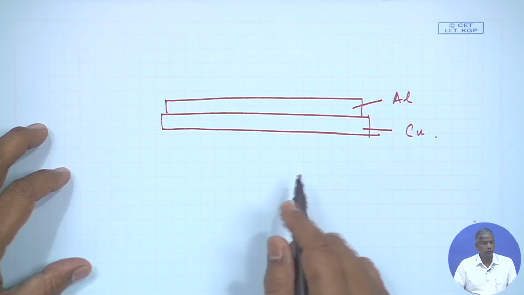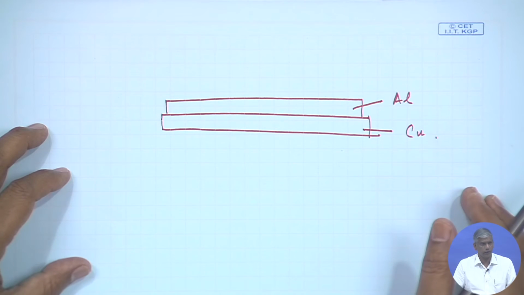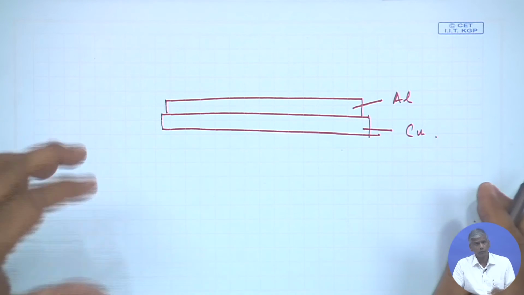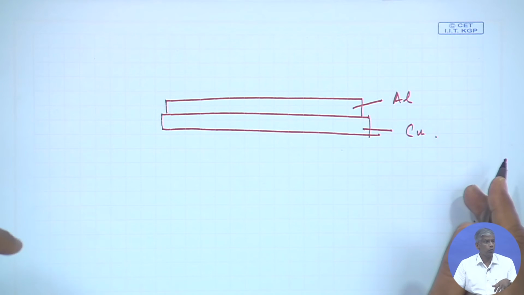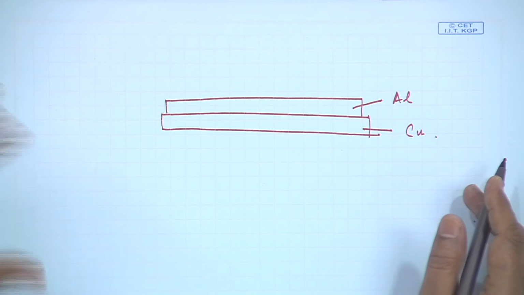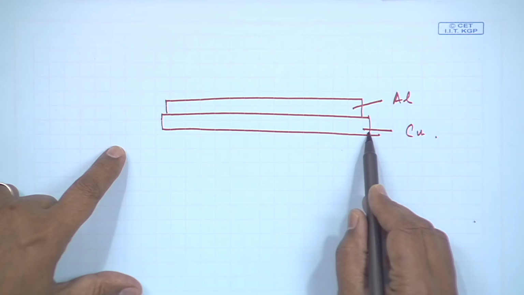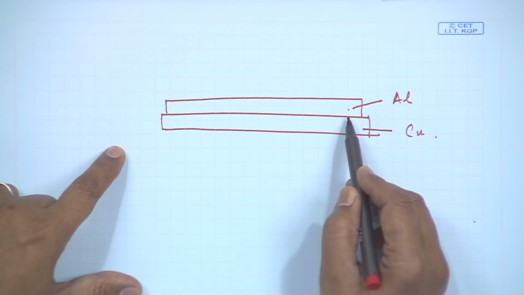If you have been to an aluminum refinery, an aluminum melting plant, aluminum is obtained from the bauxite ore after calcination, cleaning, etc., by a chemical process, or sorry, an electrical process, and then the current is given through a copper terminal, and this aluminum needs to be bonded to that.